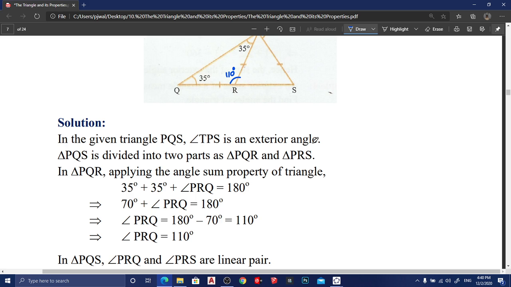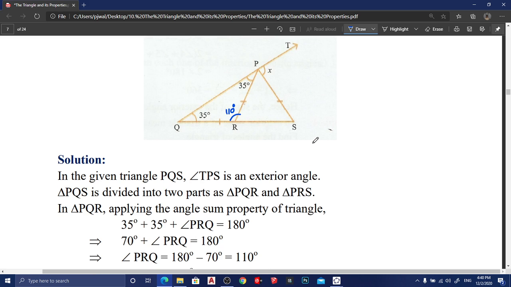Now here, if you observe, this angle is an exterior angle of this triangle. This is produced to some point S here, so it becomes the exterior angle of this triangle.